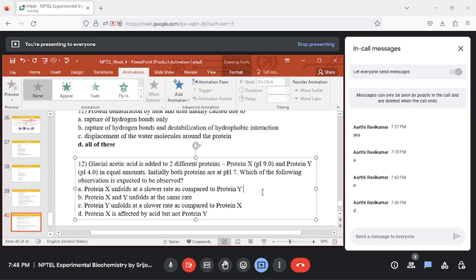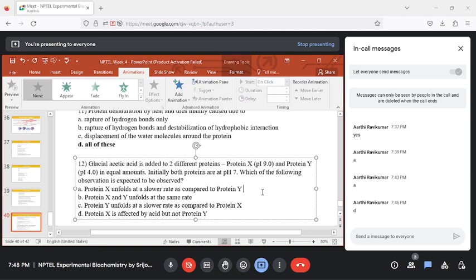Now both the proteins will be affected to some extent. In protein X, it has mainly basic amino acids, because we can see from its high pI value, so it will be protonated.